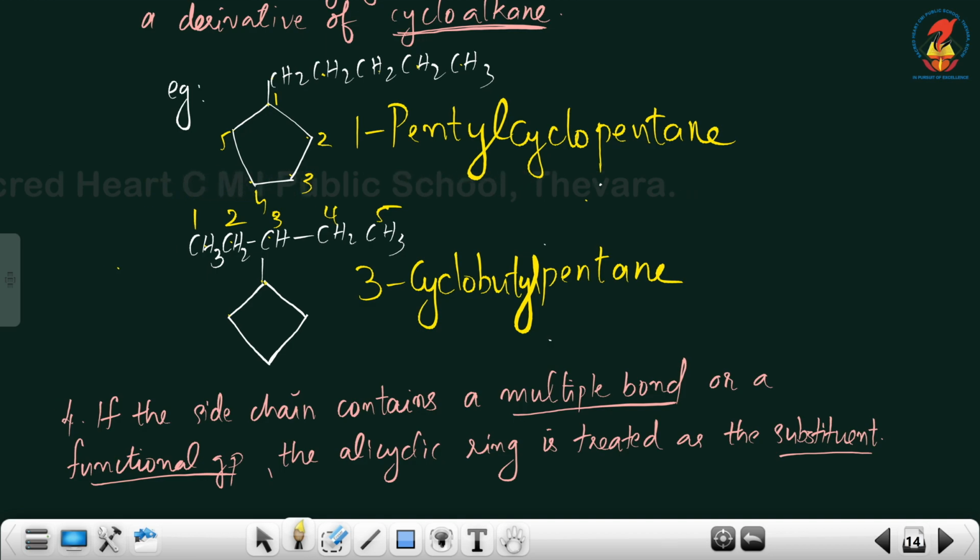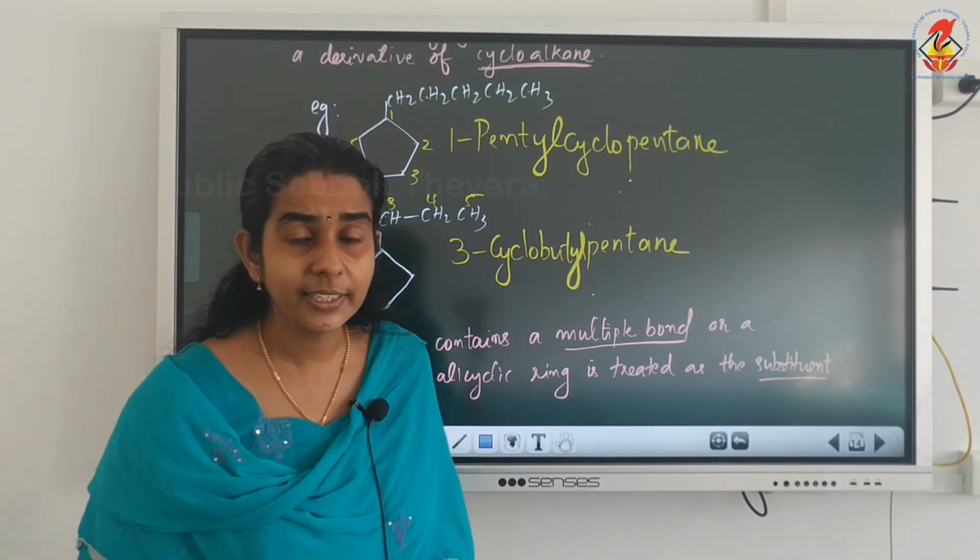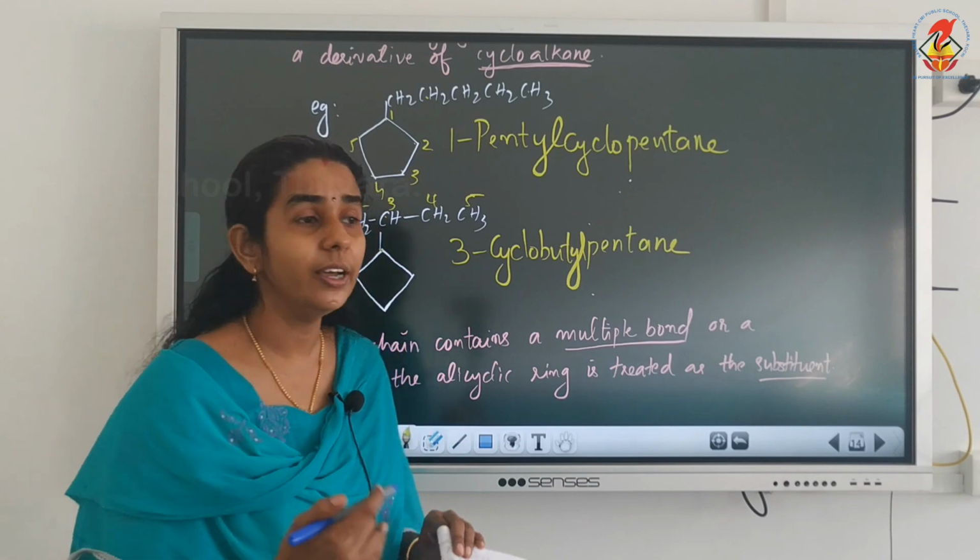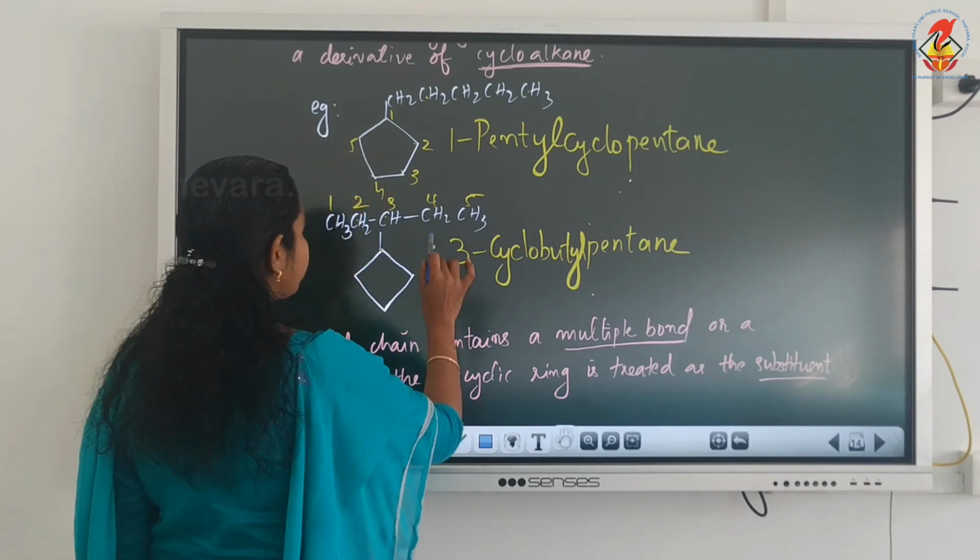3-cyclobutyl pentane. Why? Because the ring has fewer carbon atoms than the alkyl group.